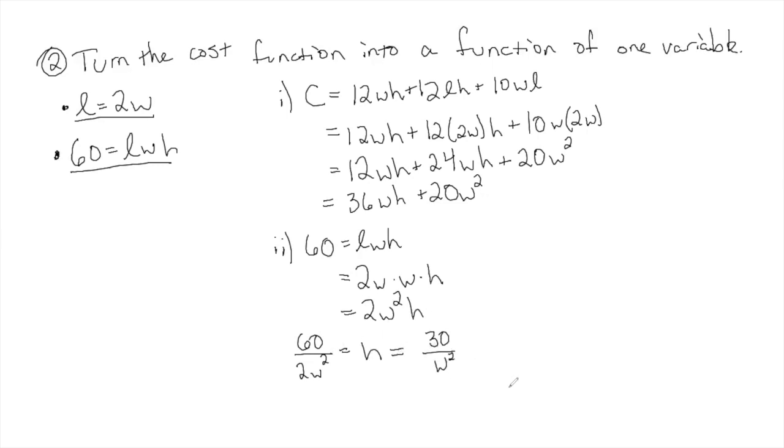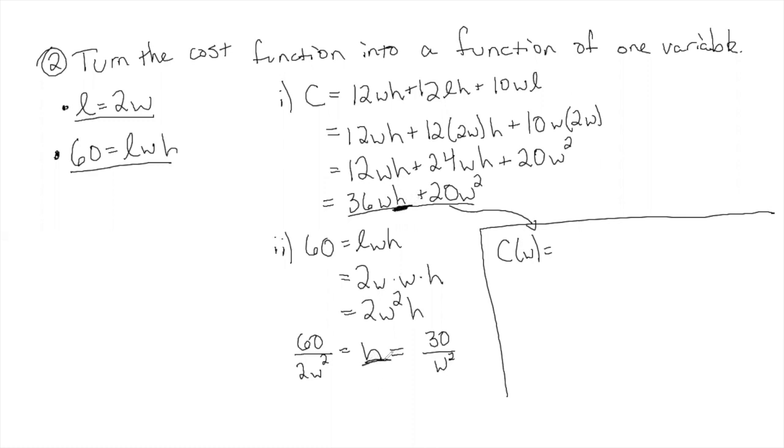Okay, so now that I have this, I can come over here and write a cost equation, which is only in terms of W. So I'm going to take this equation here and write it over here while eliminating that weird H, that thing that's screwing us up, by making this substitution.